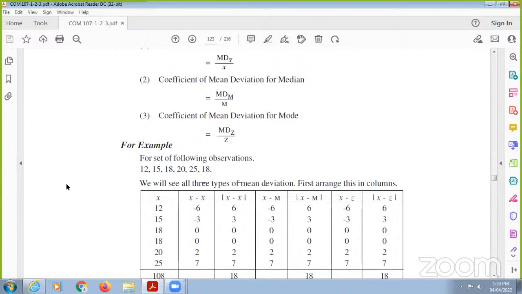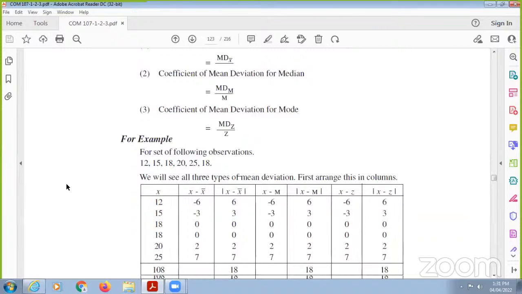Minus 6 will be positive 6, minus 3 will be positive 3, 0, 0, 2 is positive 2, 7 is positive 7 here. The total of this third column you will find that 6 plus 3 is 9, 9 plus 2 is 11, 11 plus 7 is equal to 18 here.